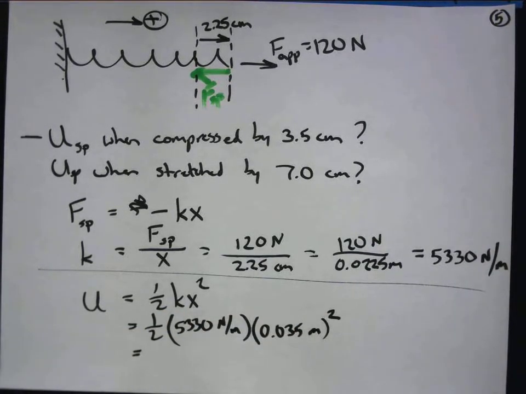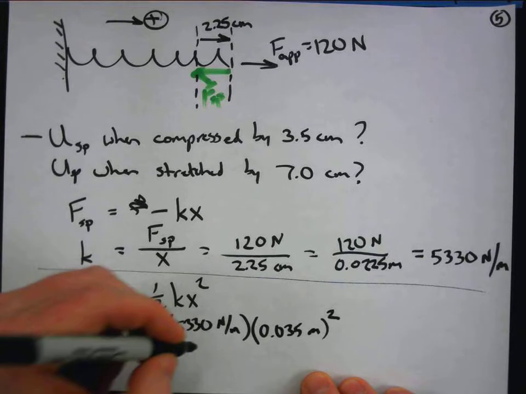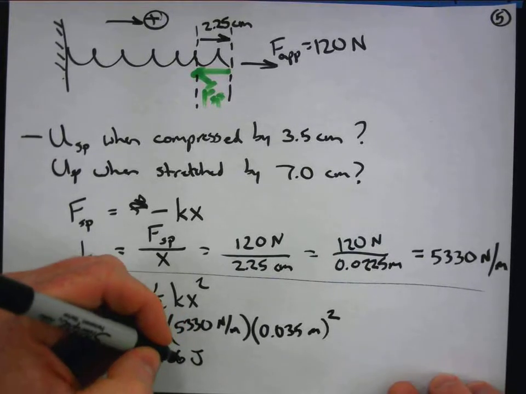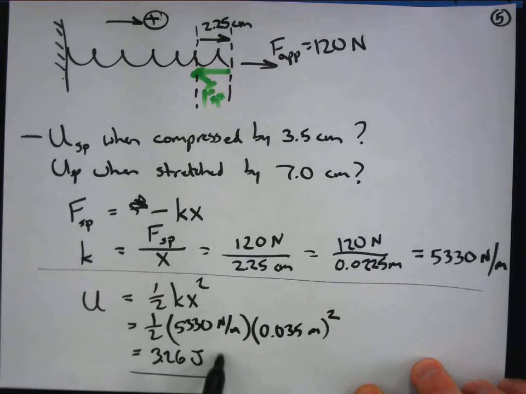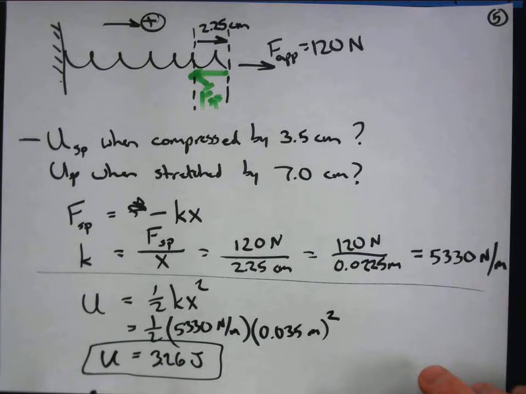It's so easy to lose track of an exponent like this once you're plugging numbers into an equation. So we end up storing 3.26 joules of energy in the spring when we compress it by 3.5 centimeters.